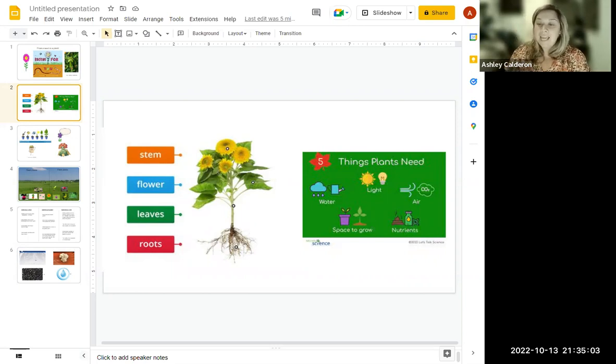And if we think back again in our story, our roots did need space to grow. So these are the things that real life plants need, and some of the things that our character needed might be the same. They just don't look the same. So we could tell that it's a make believe plant.